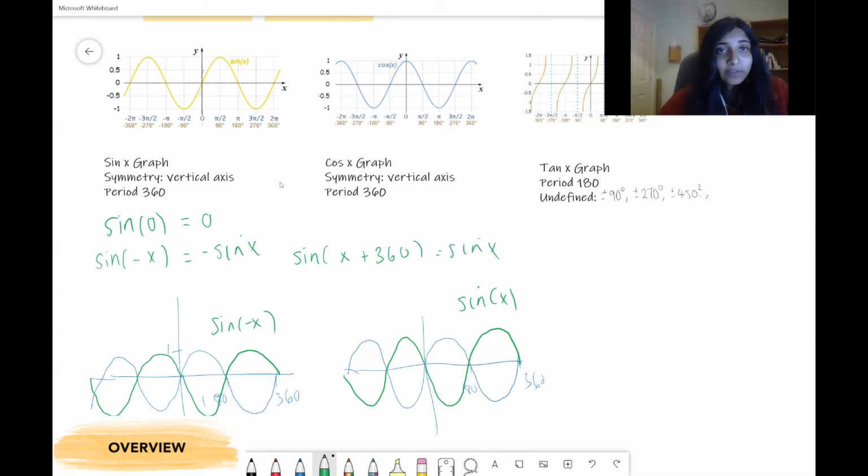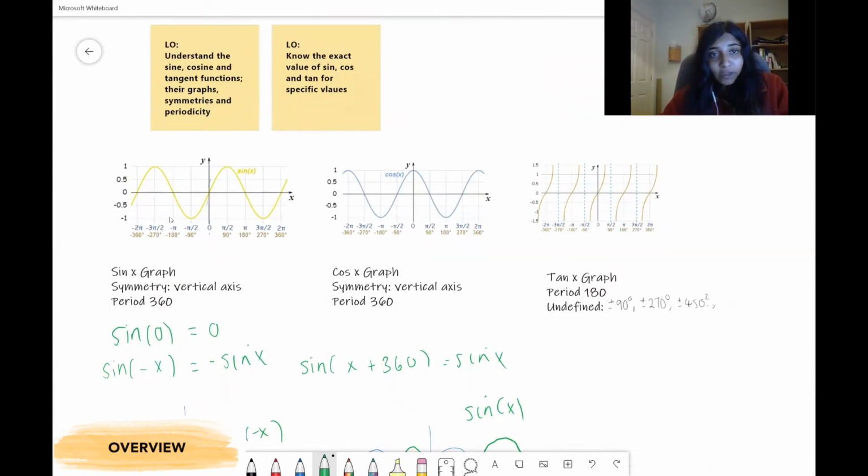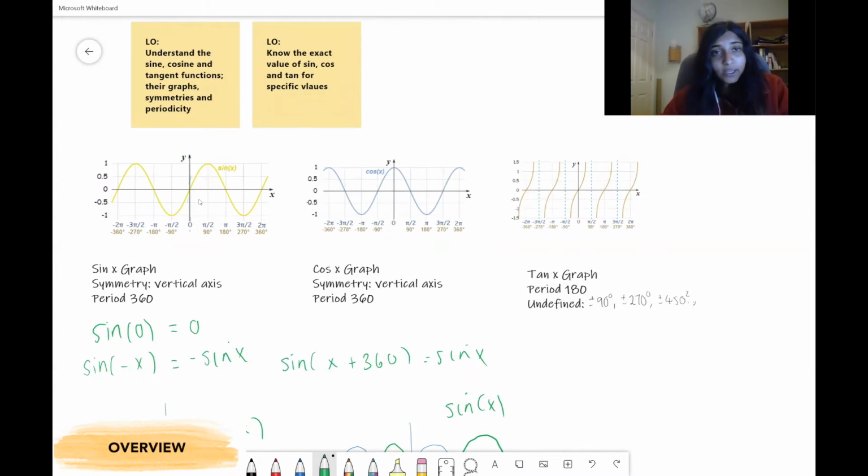If you continue this graph, it would have the same shape, and it would cross at 360, then cross again at 360 plus 360. So it will cross again at 720 degrees, and it will continue the same shape as we have here every 360 degrees. So that's an overview of the sine graph and the key properties you need to know for that.